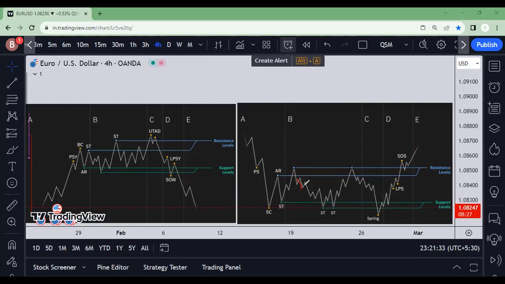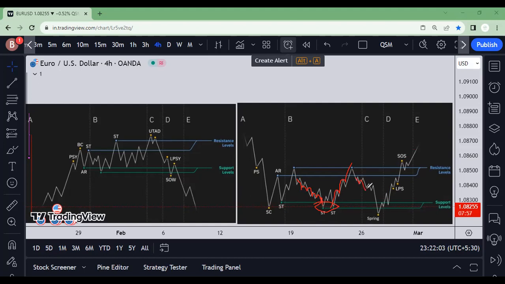We see price making smaller swings, moving in a sluggish fashion, and not showing any sign of momentum or strength to go below this particular selling climax. This is one way to identify it. And after the secondary test, we see acceleration of price towards the automatic rally resistance level.